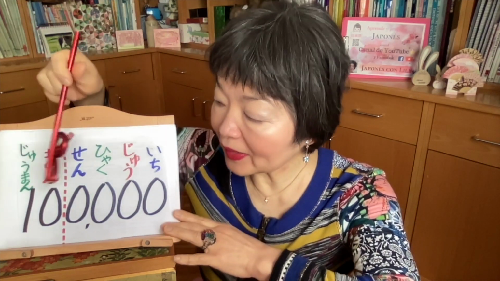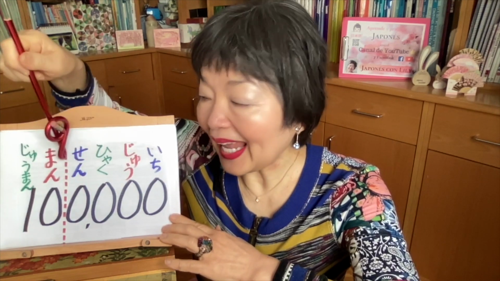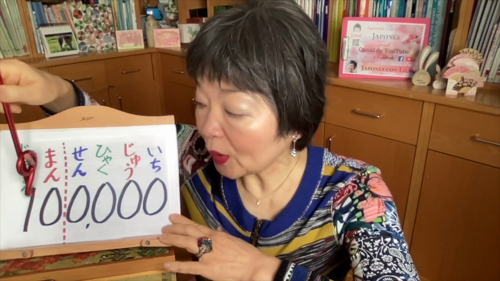Then what's going to happen with 100,000? You say 100 and 1,000, right? But I told you, we Japanese people think each 4, and here is 万. So when you say 100,000, for us it's not 100 but 10 and 万.